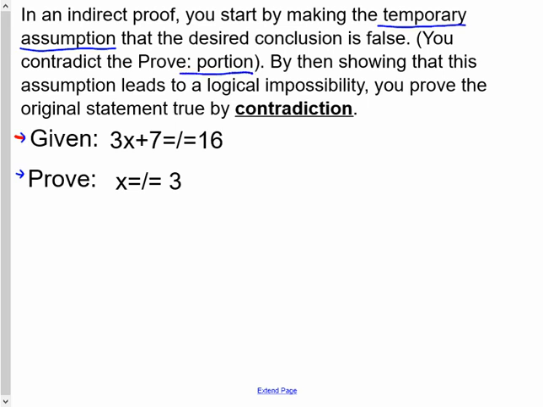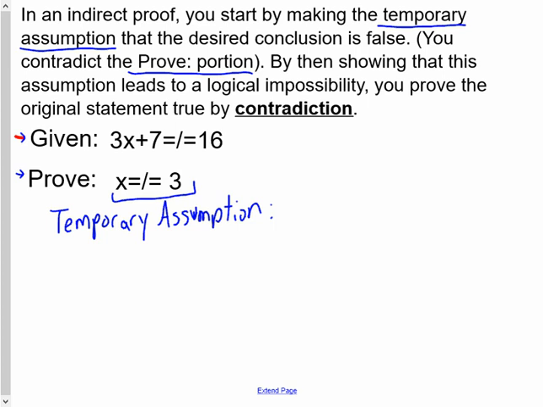We contradict the proof, meaning we do a TA, a temporary assumption, abbreviated TA. So in this case, if it's x not equal to 3, something opposite of that would be x is 3. And then what we do is work backwards to try to contradict something.